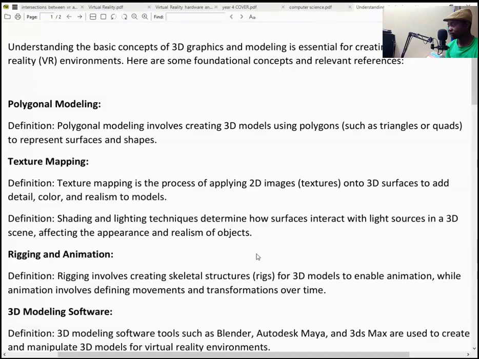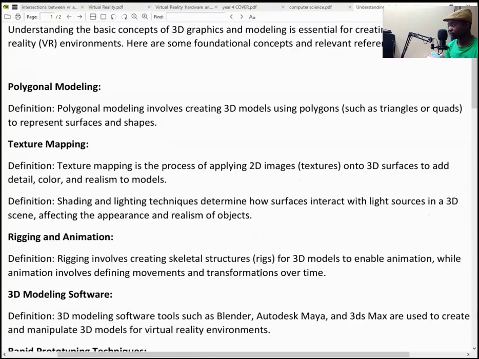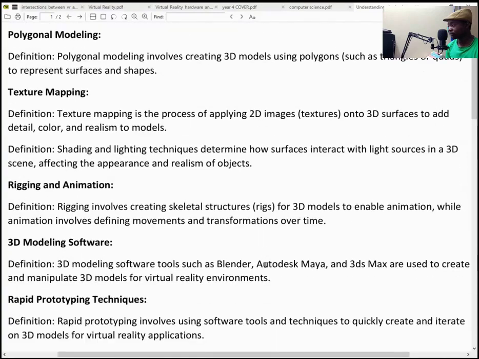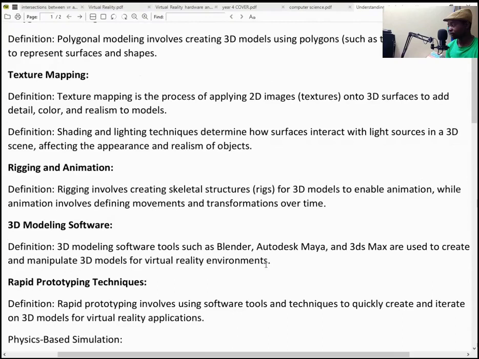We also need to know there are various software packages used for modeling, such as Blender, Autodesk Maya, and 3ds Max, which are used to create virtual reality environments using the manipulated 3D models.